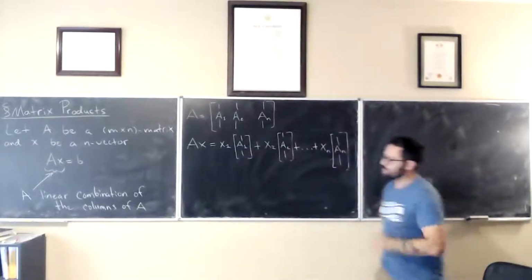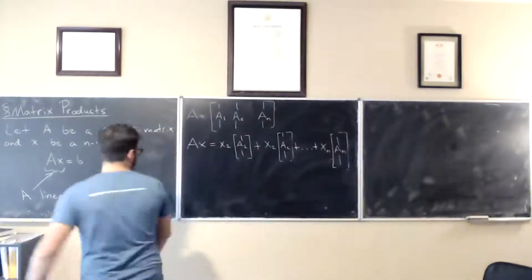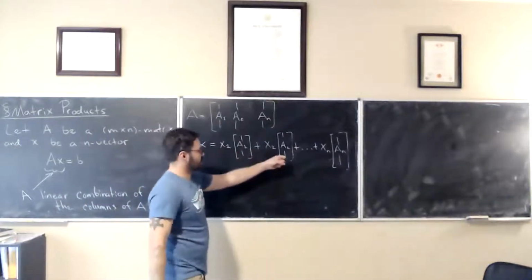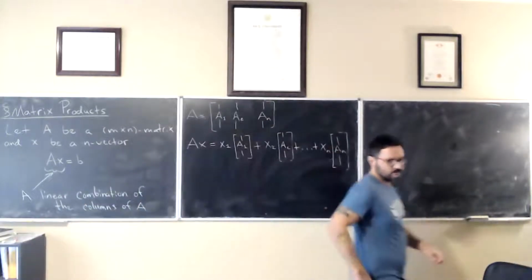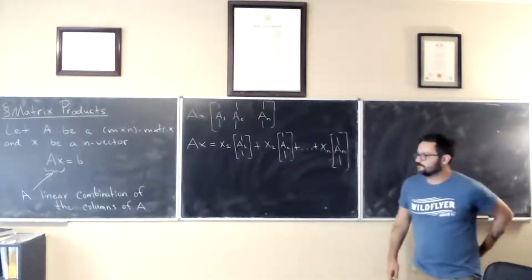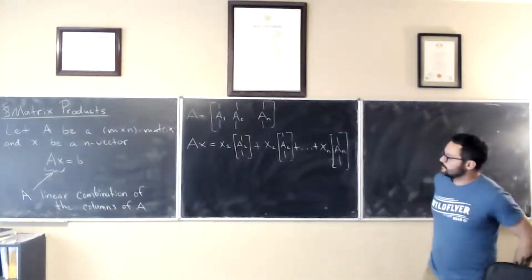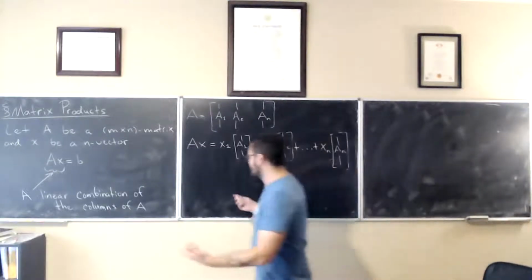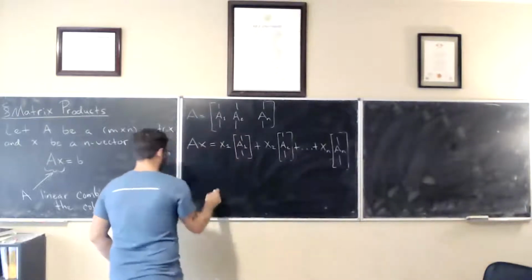Okay, so this is what I mean by a linear combination of the columns. It's just like the linear functions that we were looking at earlier in the semester. Okay, so maybe we should just do an example so you can see.